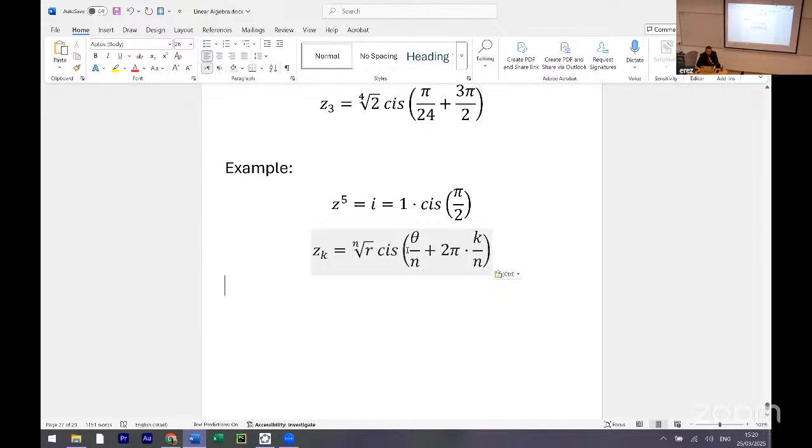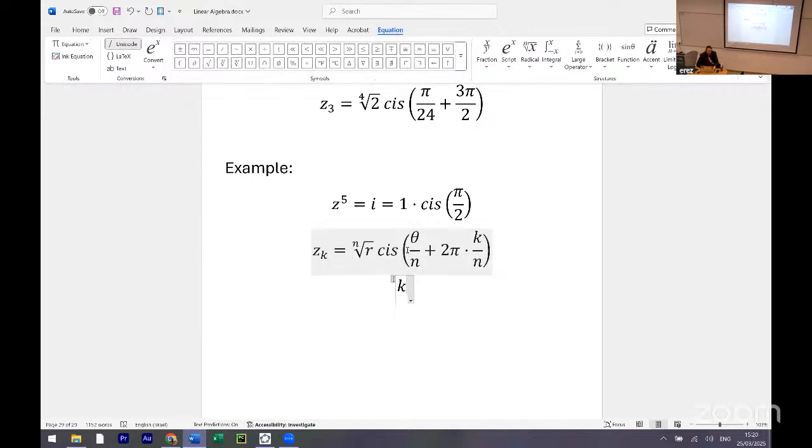So let's start with the k this time. What is the range of k, between what and what? 0, 1, 2, 3, 4. Exactly. Now, what is the n in this example? 5. So everywhere where it's written n, I substitute 5. What is the r here?